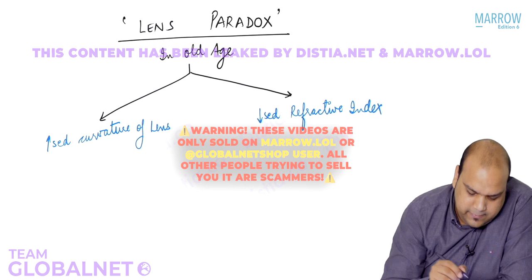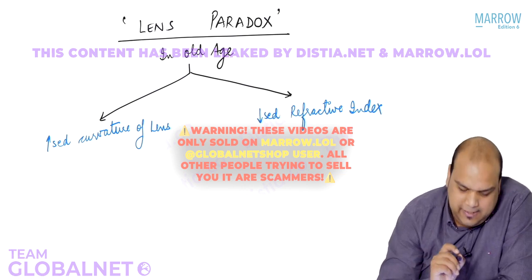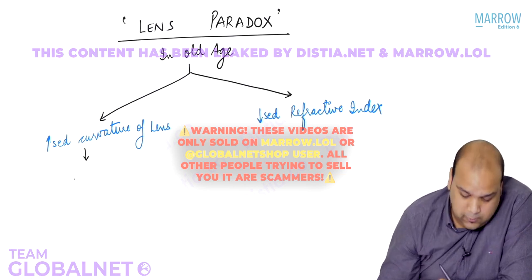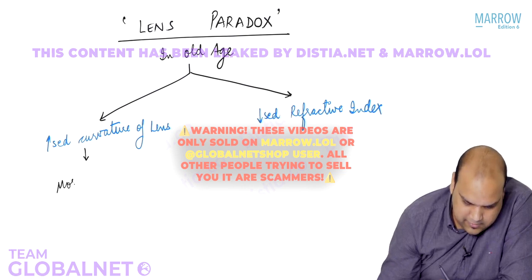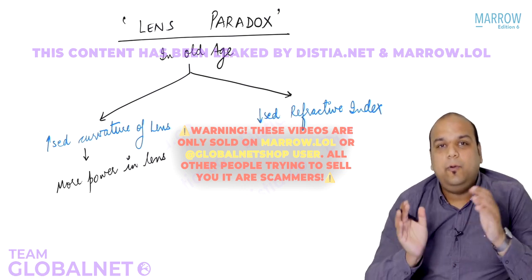Two things are occurring, everybody. Increased curvature, decreased refractive index. Increased curvature will lead, everybody, to more power in lens. I hope we remember this.